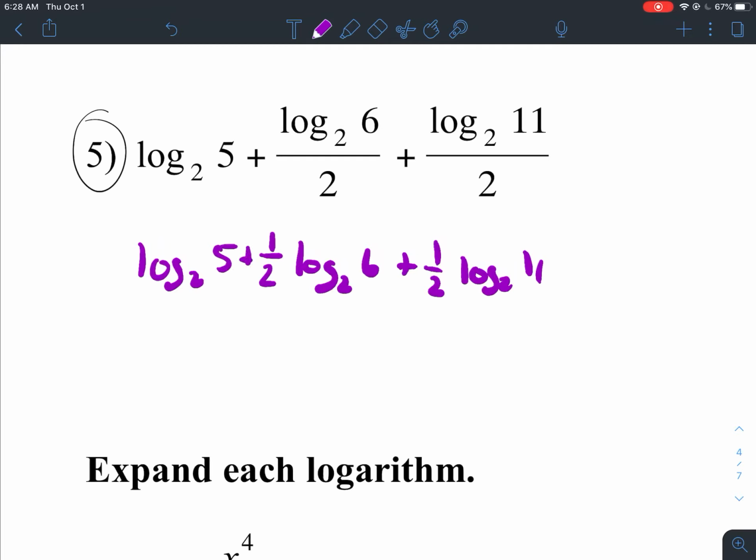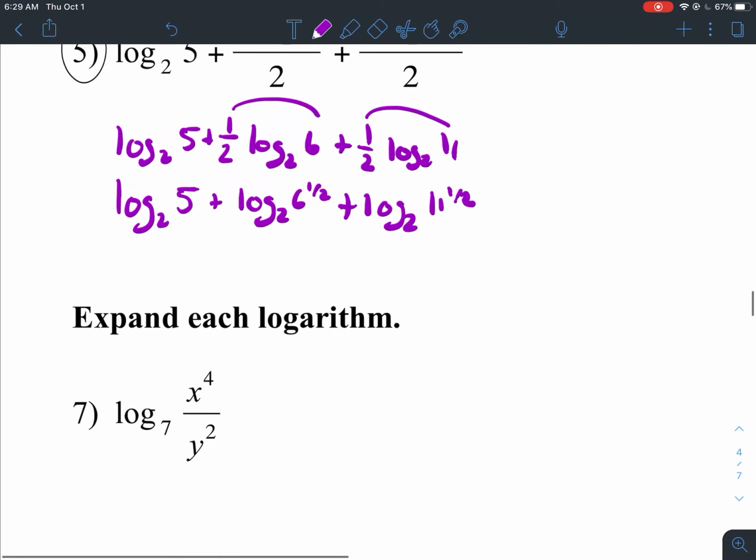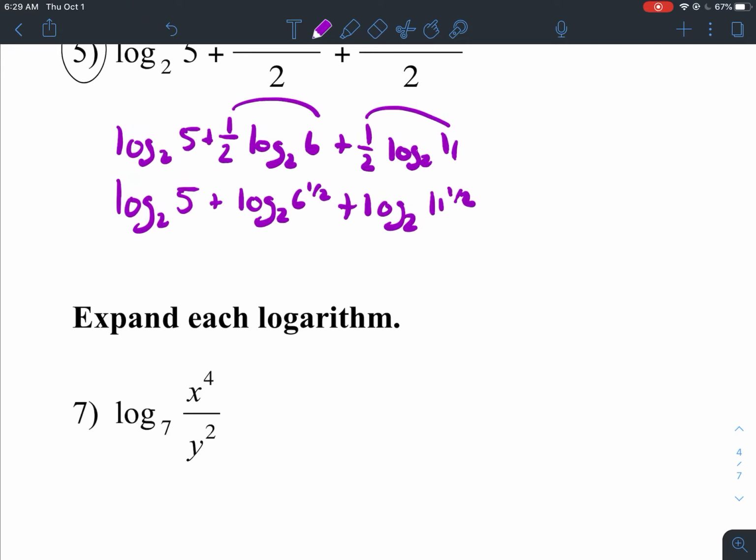All right, so I want to move our 1/2 up here. So we get log base 2 of 5 plus log base 2 of 6 to the 1/2 plus log base 2 of 11 to the 1/2. Now, you can write these as roots.